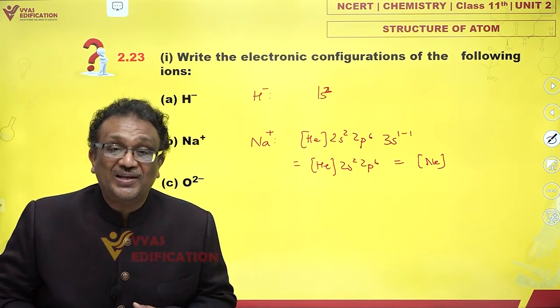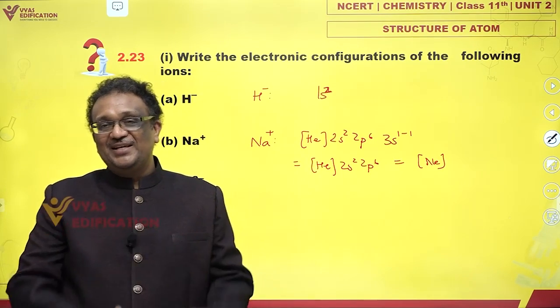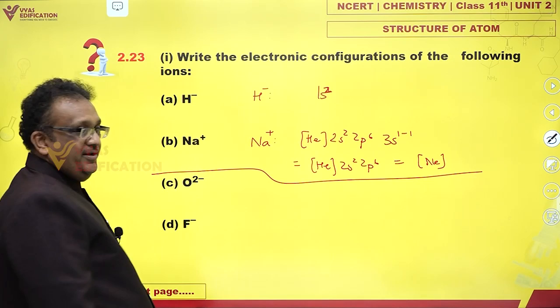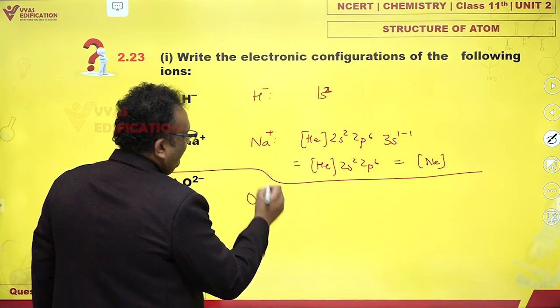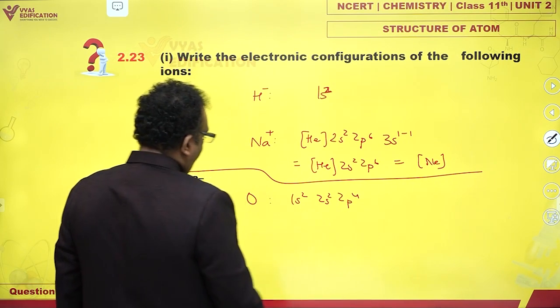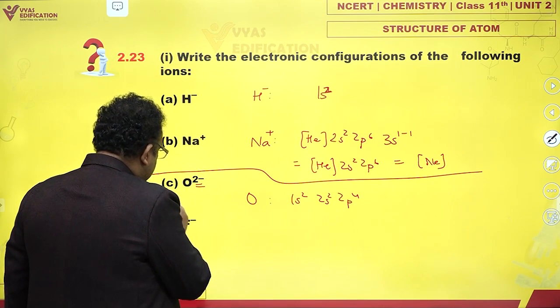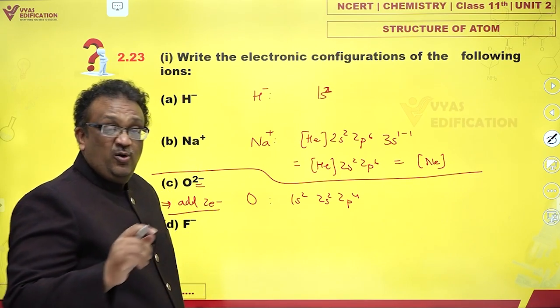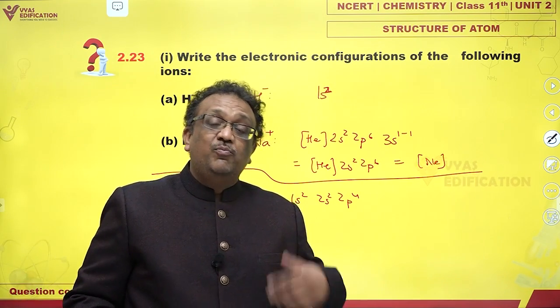Wow, it has a noble gas configuration? Yes, it does possess a noble gas configuration. What about oxide ion? Well, oxygen itself is 1s2, 2s2, 2p4. Minus 2 charge means add 2 electrons. Electrons are negative, so when they are added, they give you minus charge.